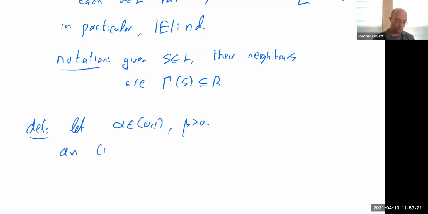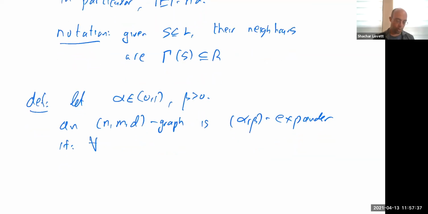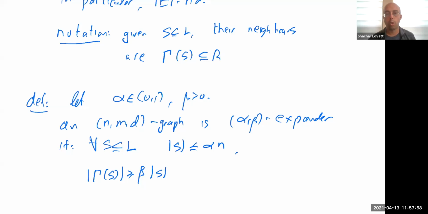An N, M, D graph is called an alpha-beta expander, really a vertex expander, if the following is true: for every set of nodes S on the left whose size is at most alpha N, the number of its neighbors is at least beta times the size of S. Okay, so that's the crucial definition here.